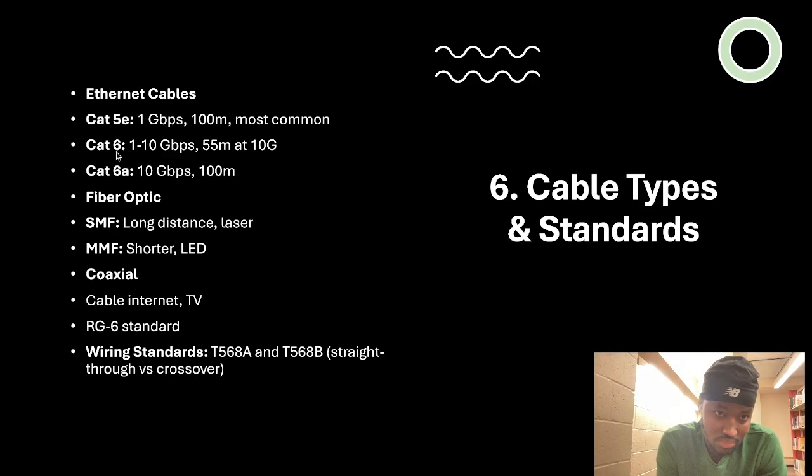We have Cat6, which supports 1 to 10 Gb, and 55 meters at 10 Gb. Cat6A supports 10 Gb, and it can cover 100 meters. This is like the better version of this.